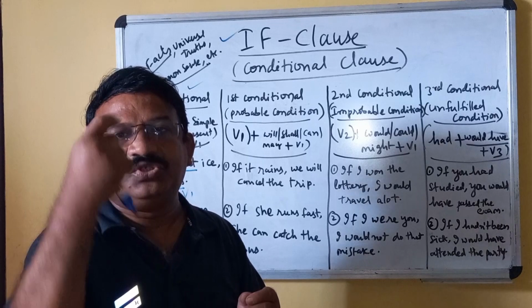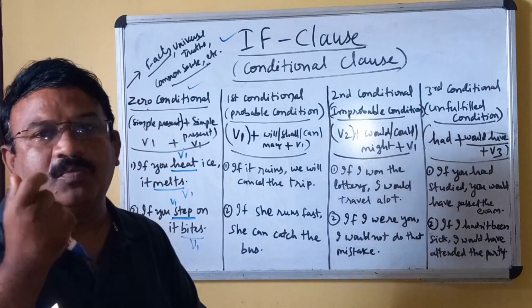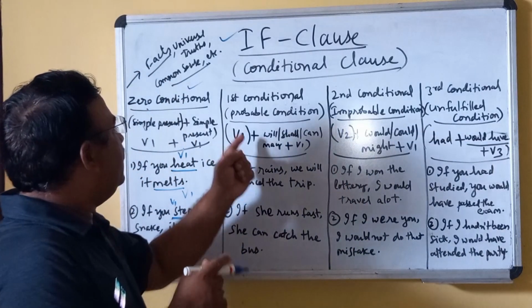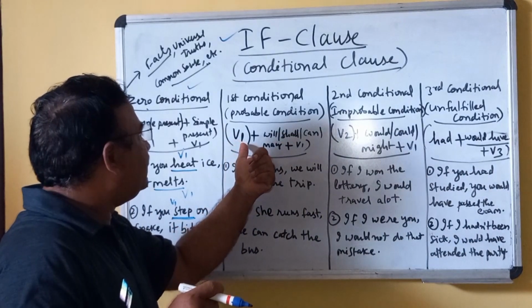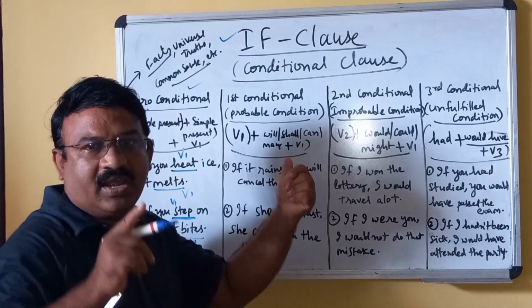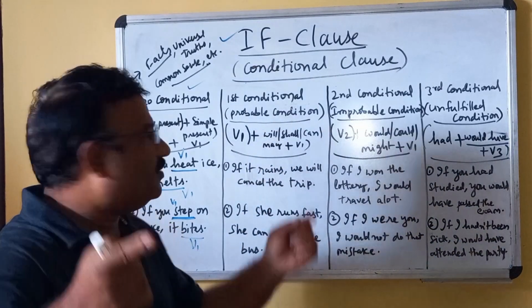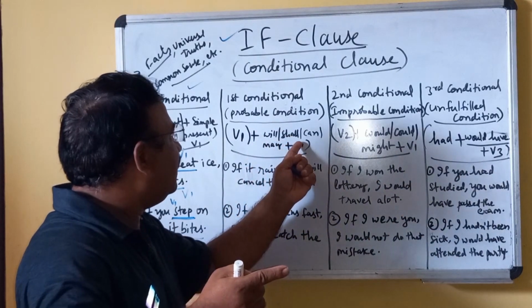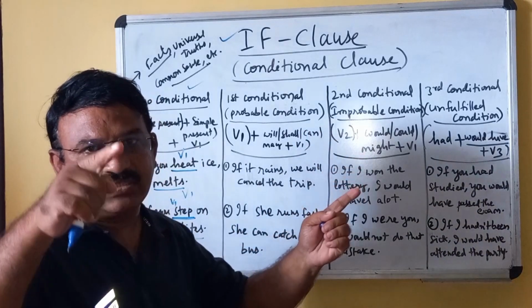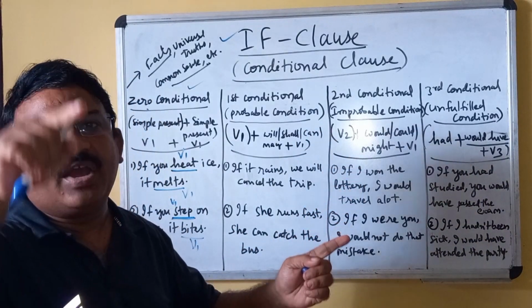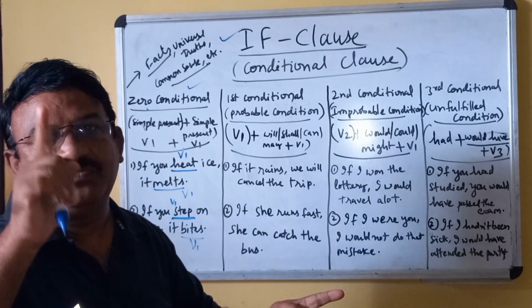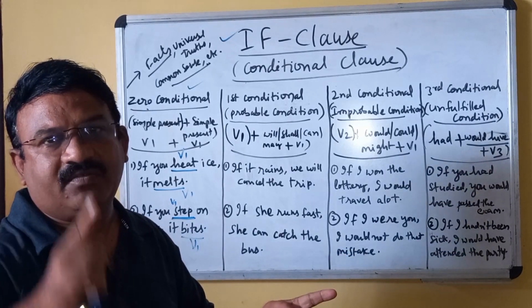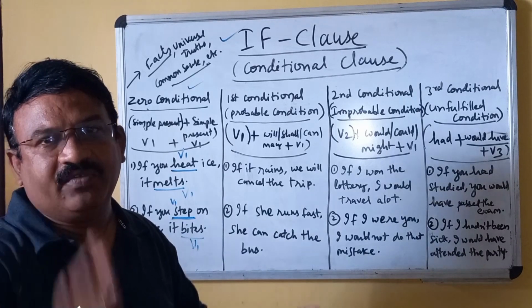In this condition, the structure is: if the conditional clause is V1, the main clause becomes will or shall or can, the modal auxiliaries, plus the verb in V1 form.